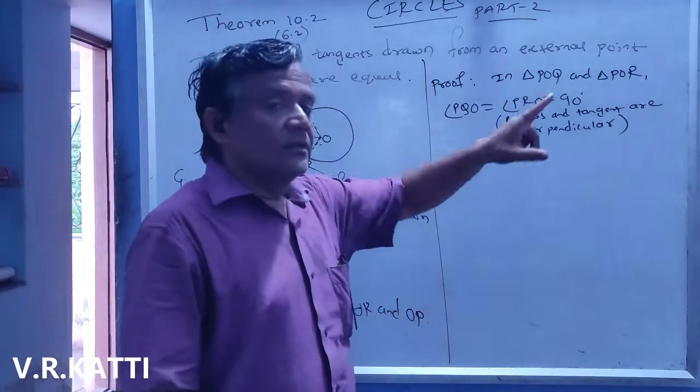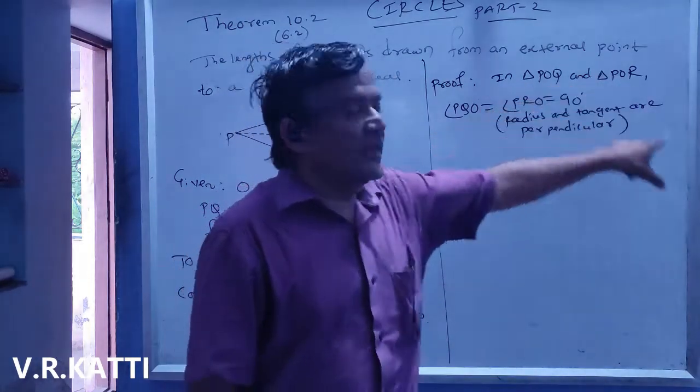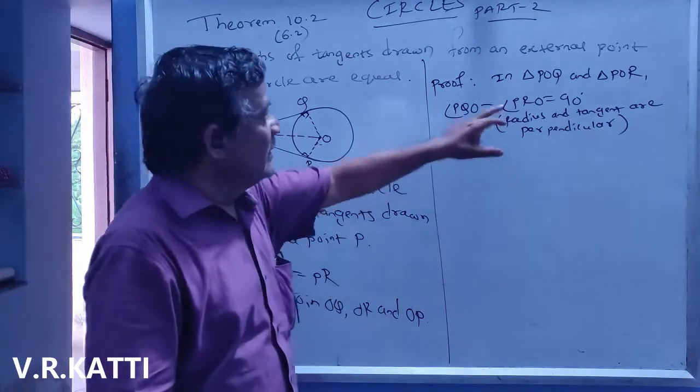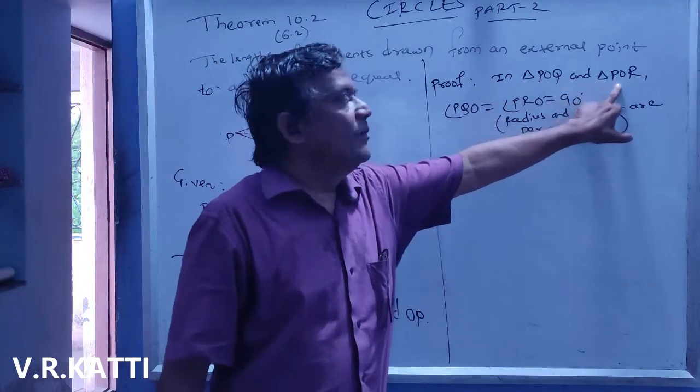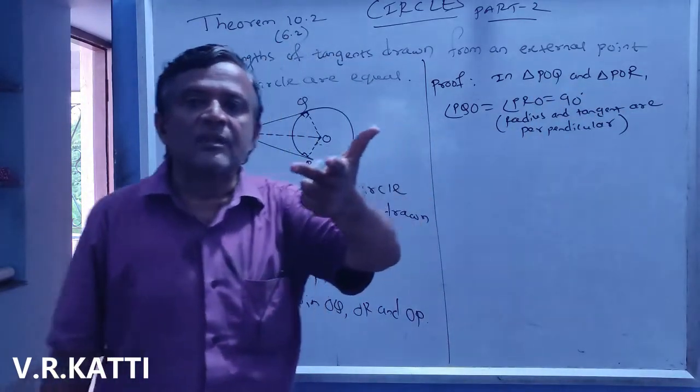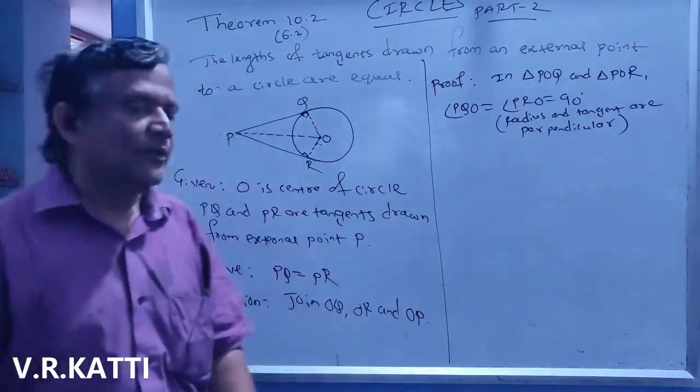See, students, in triangle POQ and triangle POR, two letters are common: PO, PO. So PO is a common side. Very easy.